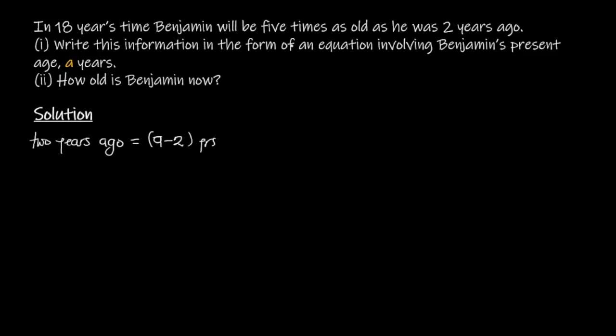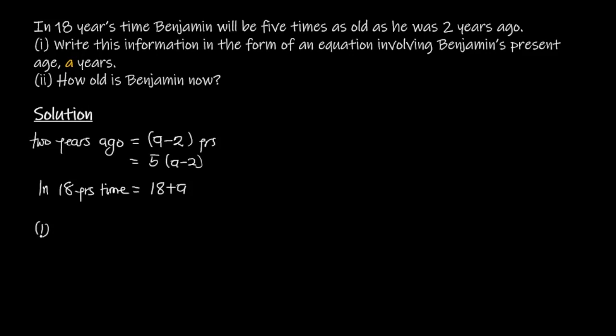Now we're told that 5 times as old as he was 2 years ago means that will be 5 multiplied by A minus 2. Okay, now in 18 years time, if Benjamin's current age is A, in 18 years time Benjamin will be 18 plus A. Okay, now that we've made these deductions from the question that we're given, let's proceed to see how we can write this information.